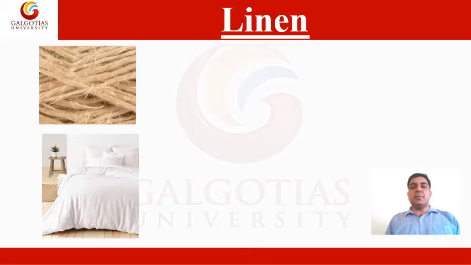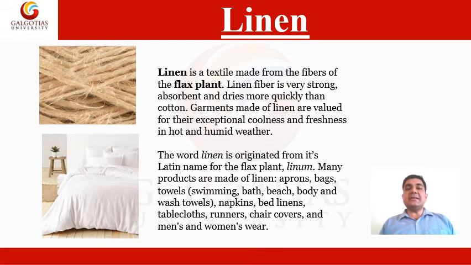So basically, as I said earlier, linens are used in many places in the hospitality industry. But what is linen all about? A simple definition: linen is a textile, a fabric made from the flax plant. Linen is very strong, absorbent and dries more quickly than cotton. I know you can say that cotton is much cheaper or more easily available. But here we are not only looking for cheaper or easily available things.